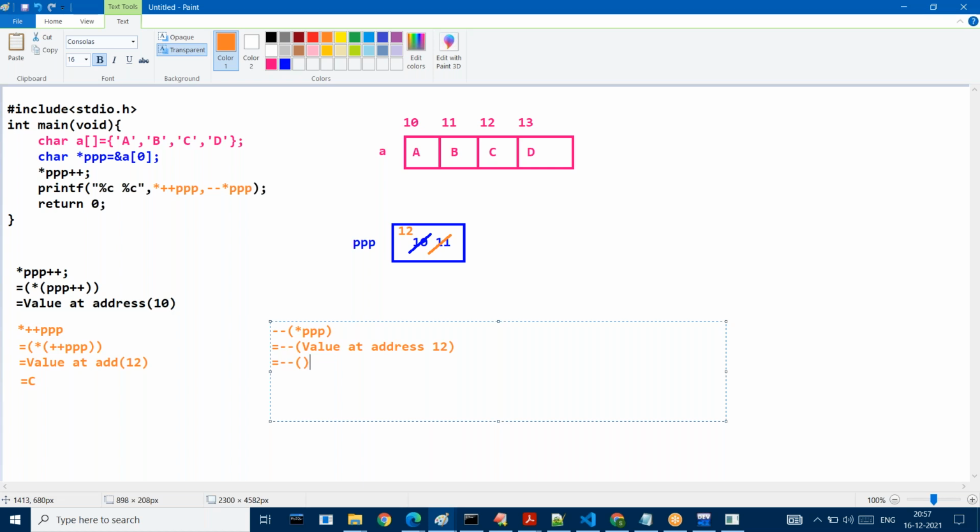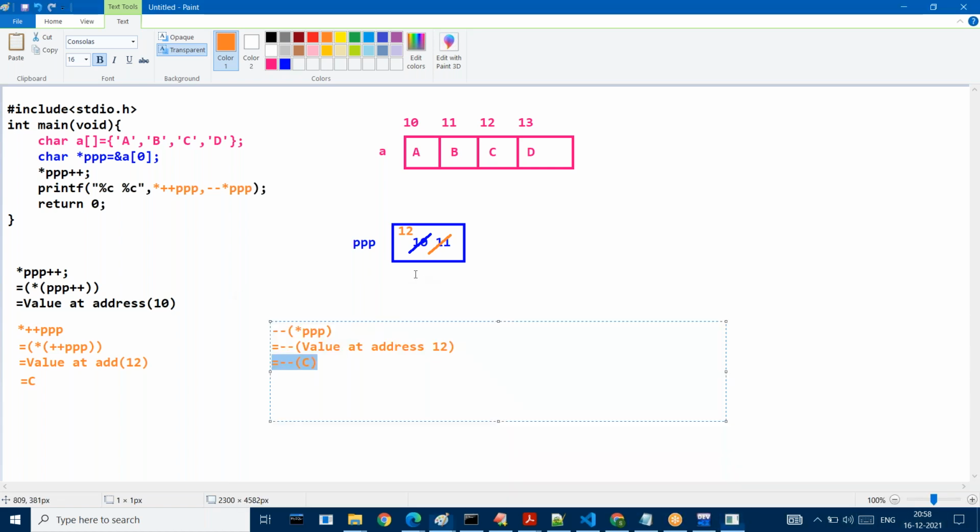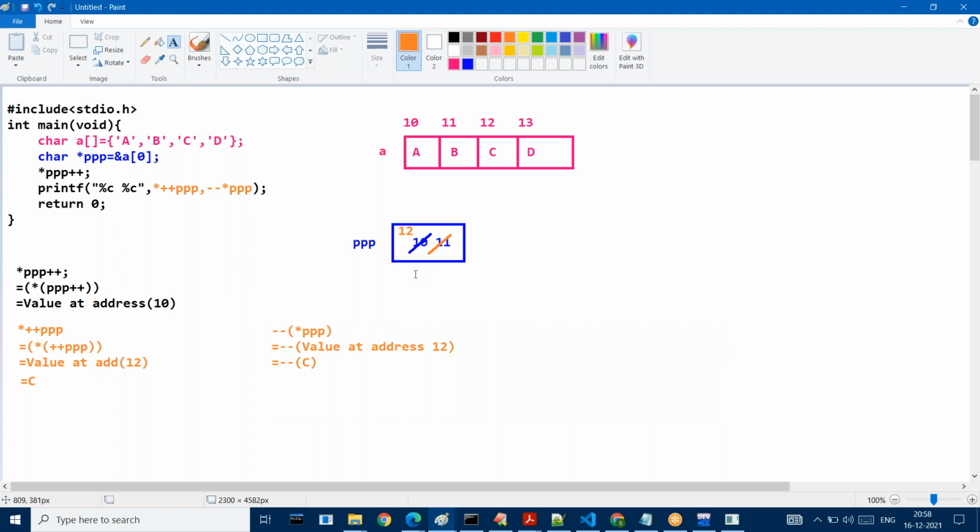Value at address 12 is C. C's ASCII value is 67, and 67 decremented by 1 becomes 66. So definitely B should come. But how is A coming? Is any miscalculation happening, guys?